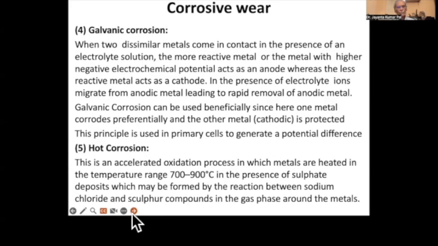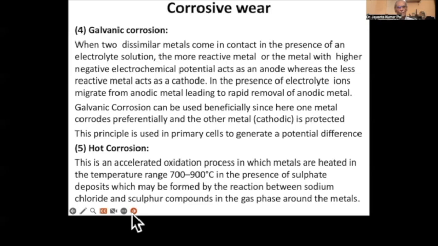Galvanic corrosion. When two dissimilar metals come in contact in the presence of an electrolyte solution, then one of the metals acts as anode and the other as cathode. The more reactive metal, or the metal with higher negative electrochemical potential, acts as anode, and the other one acts as cathode. In the presence of an electrolyte, ions migrate from the anodic metal, leading to the rapid removal of anodic material.